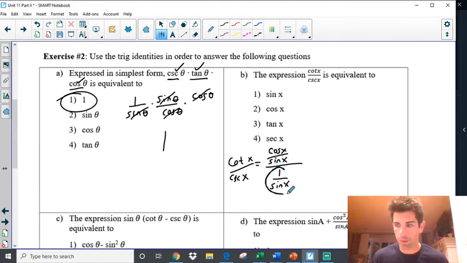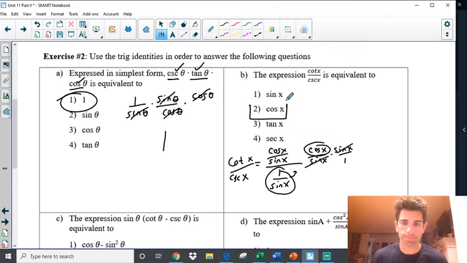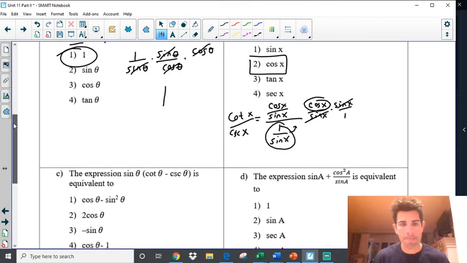So we'll flip this, right? So you're going to have cosine x over sine x, and then that's sine x over 1. Cancels, cancels. This is what you're left with. So it's kind of taking your time. It's learning all the rules and all the things that you can do with those rules.